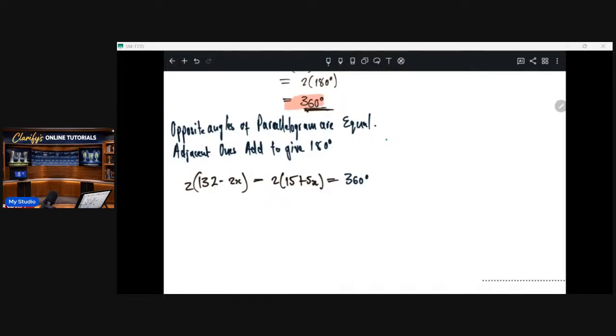Now all we have to find is x. So what do we do? First thing, you can divide everything by 2.